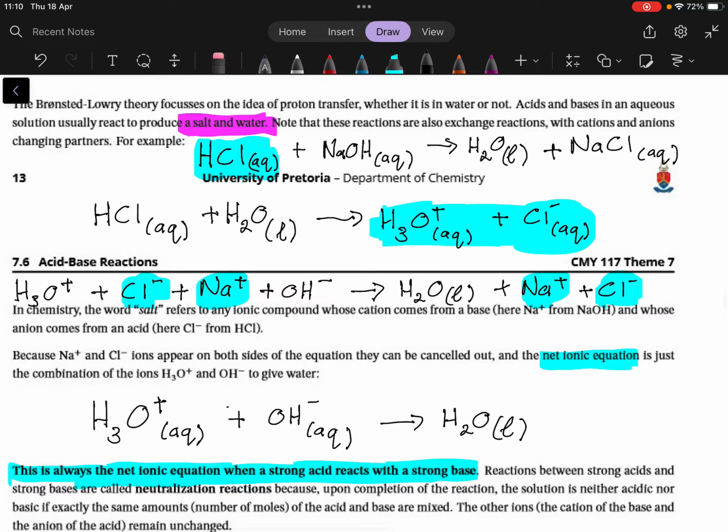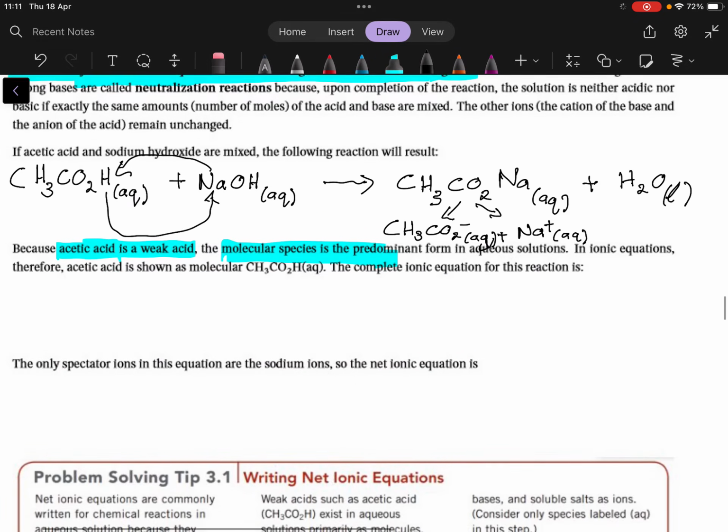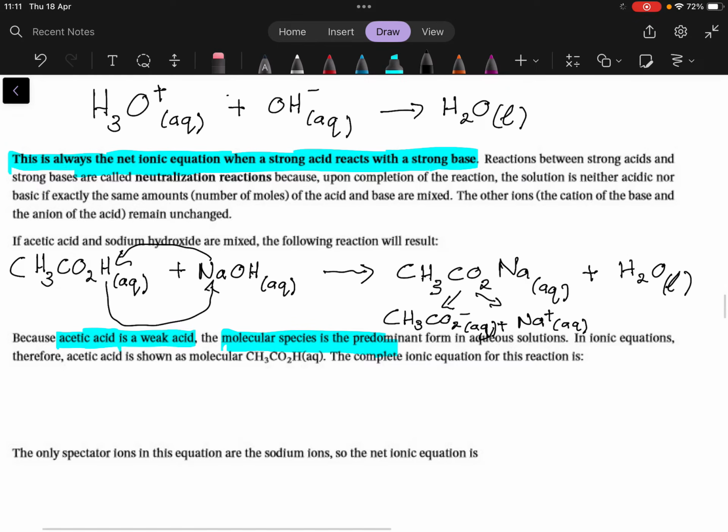For HCl, we said HCl splits into hydronium and chloride anions. But here, we don't say acetic acid reacts with water, producing two ions, and that reacts then with sodium hydroxide. So we leave it as a molecular compound, meaning it remains as written.